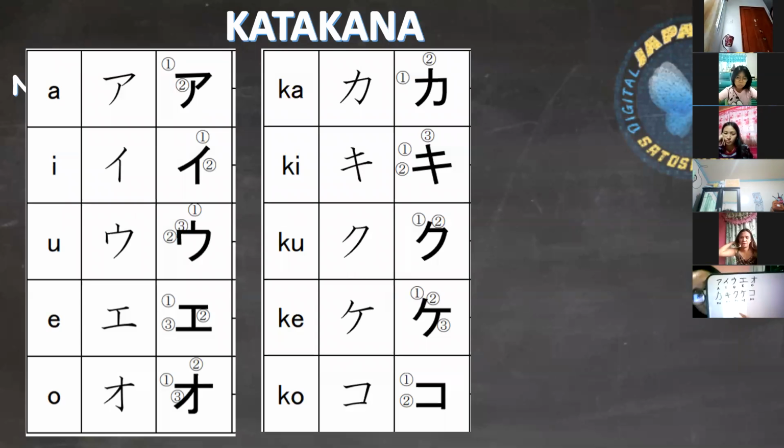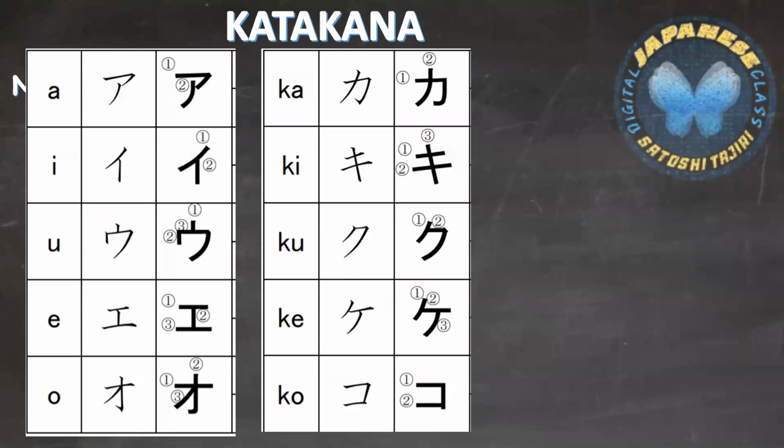Okay, now we will have our dakuten, still the same thing with our dakuten. Once we have the dakuten, they produce a different sound, okay? But they have the same baseline, okay? So what do I mean? Let me show this one to you, okay?